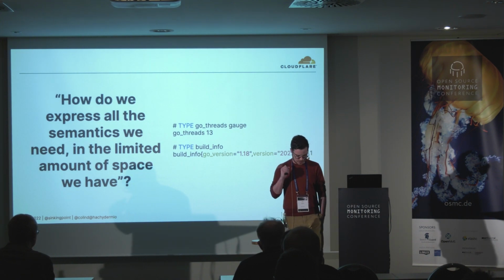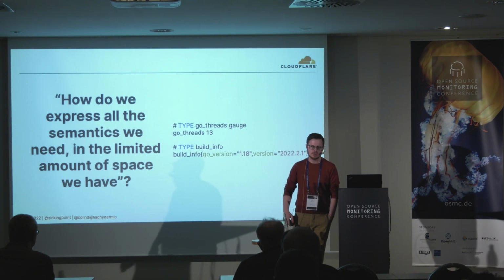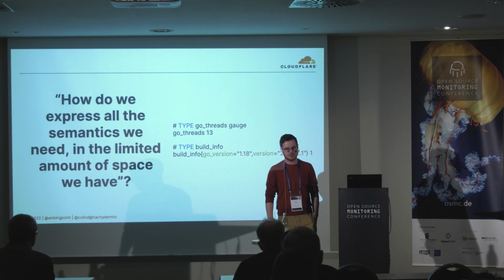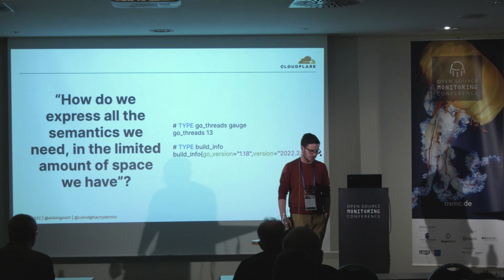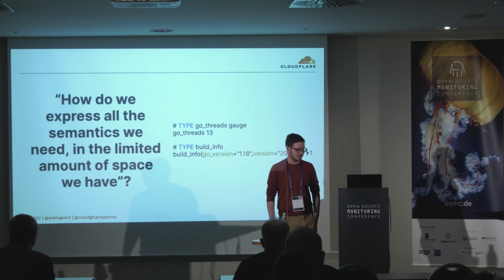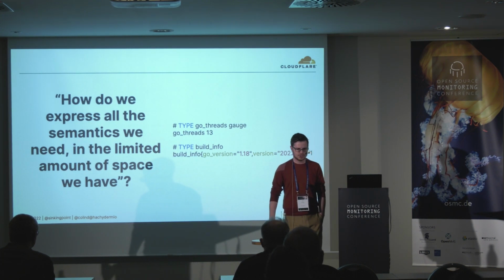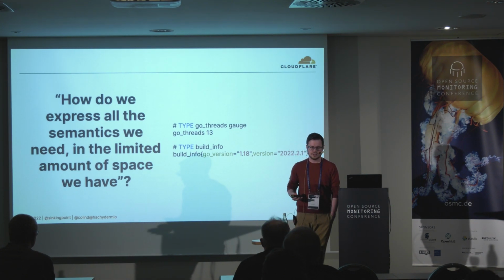Because the big question is, how do we express all of the different semantics that we want to, while constraining ourselves to Prometheus text exposition? Because text exposition is interesting, but not that verbose. You can see here we have two different metrics in Prometheus text exposition. They are both gauges.